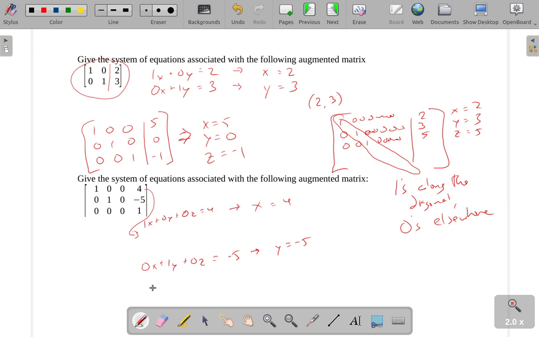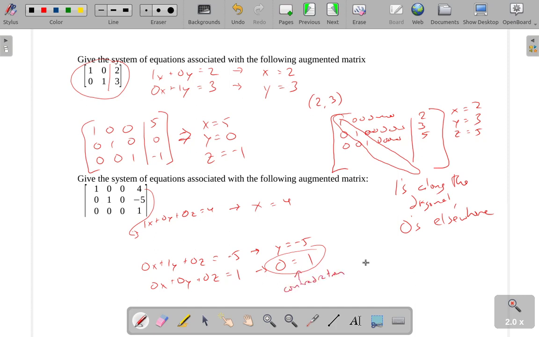And the last line reads 0x plus 0y plus 0z equals 1. In other words, everything over there is 0, so 0 equals 1. Well, that's a problem, because 0 is not equal to 1. I don't care what else is going on in this problem. If we end up with something like this, it is a contradiction.